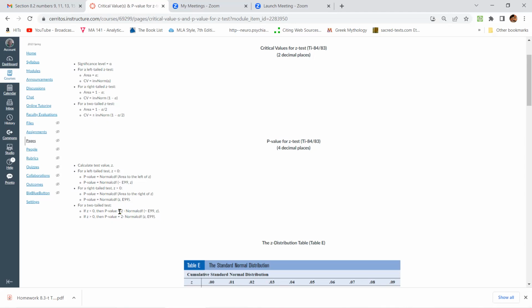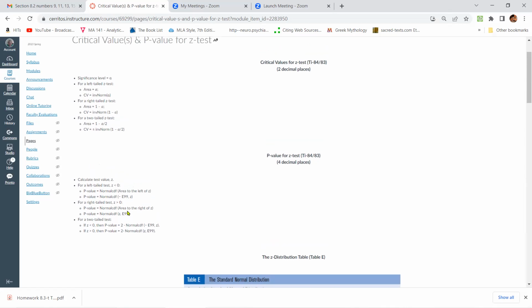So I'm assuming that she had already done that when she reported the p-value to you. But we're going to have to double our normal CDF because it's in both tails. I'm assuming that she did that on this homework just from the answer that she gave you.